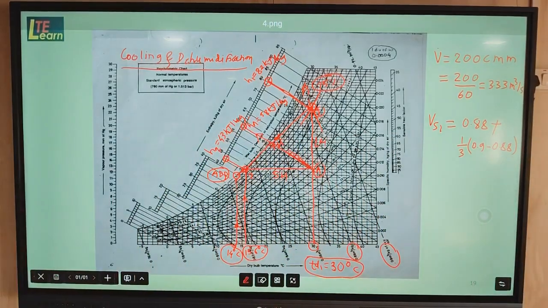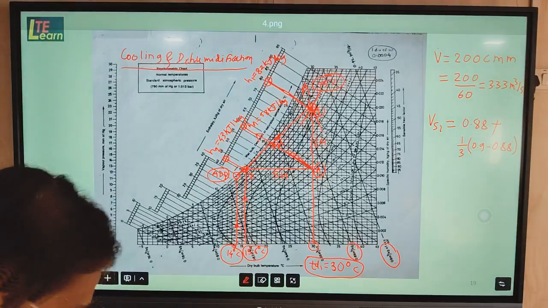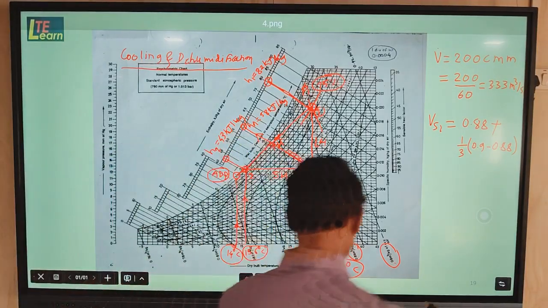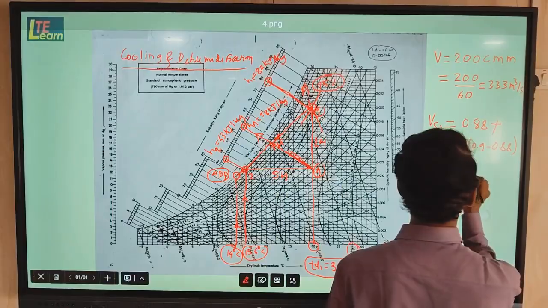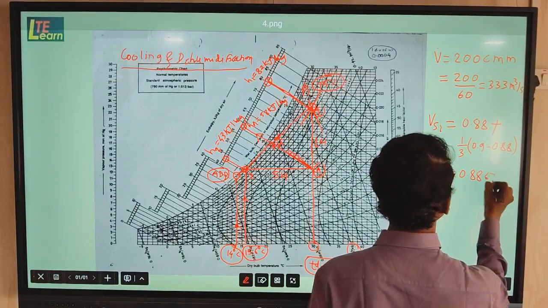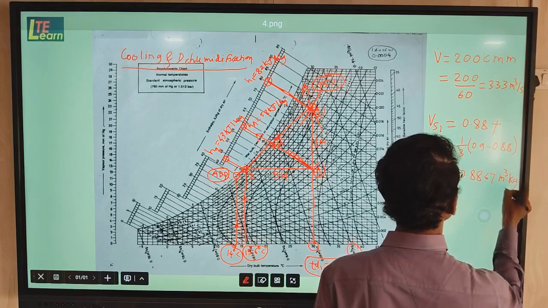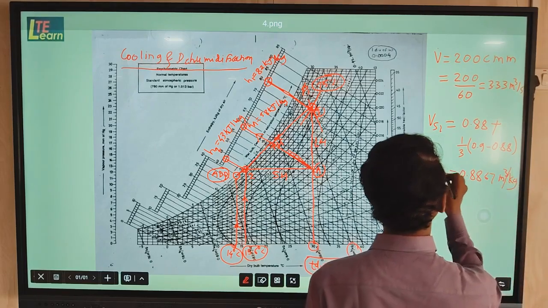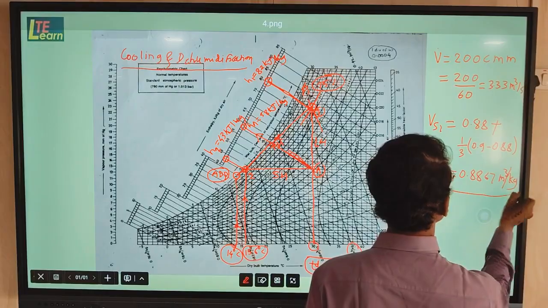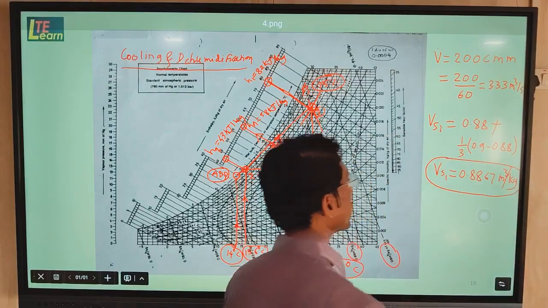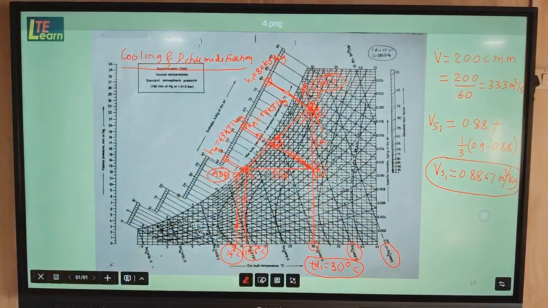This specific volume comes by calculation to 0.8867 meter cube per kg.